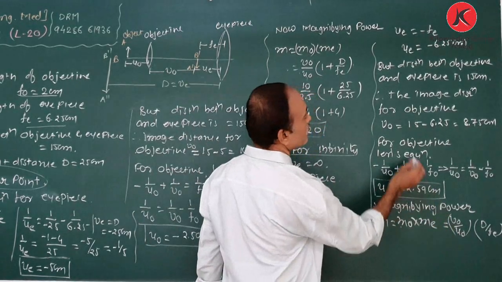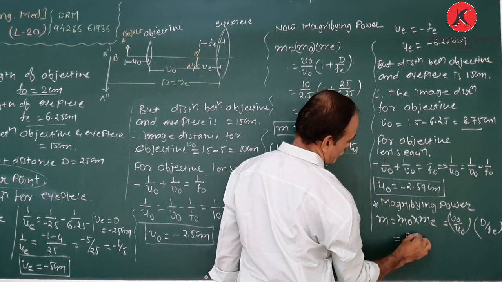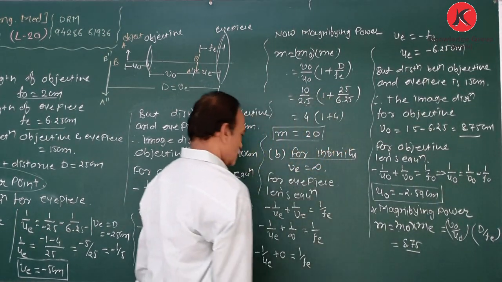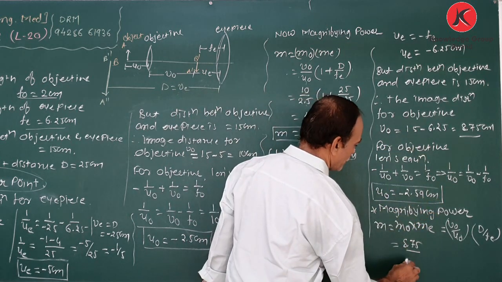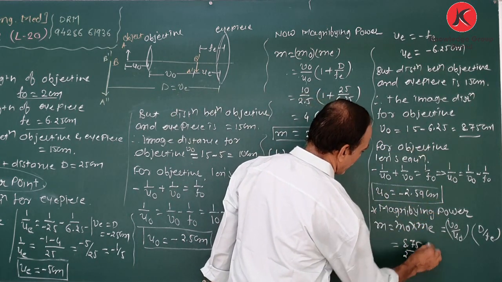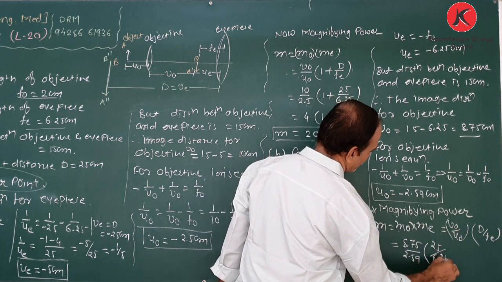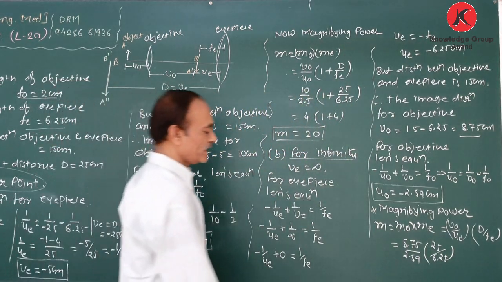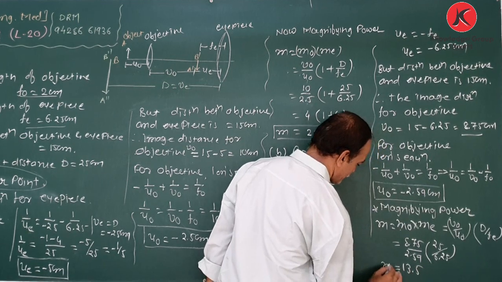Now V0 is 8.75, U0 is minus 2.59, that means 2.59. D is 25, FE is 6.25. Therefore, we obtain the magnification as 13.5.